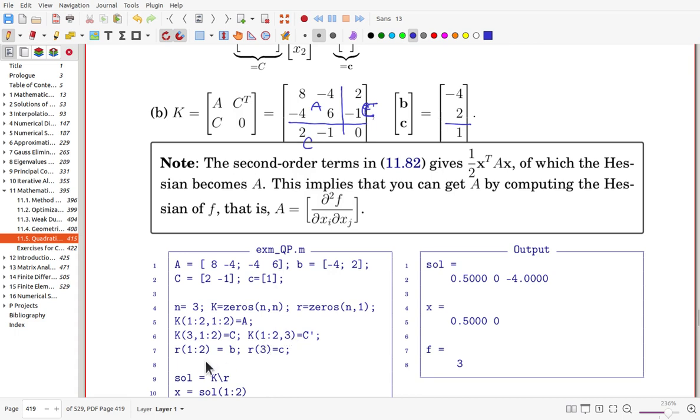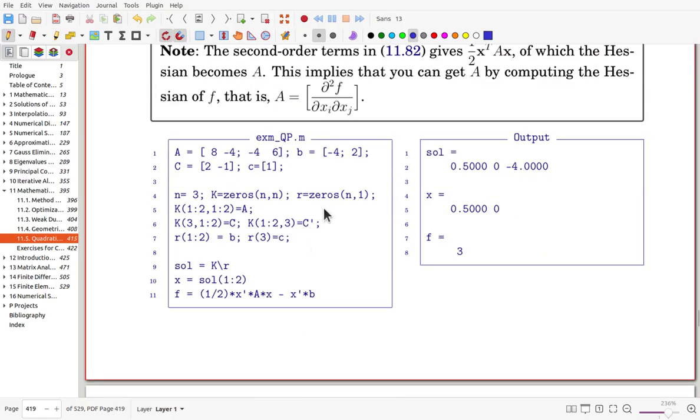For the right side, B is in the upper portion, and little c will occupy the bottom of r. Okay, so we finish here, and the system, that is now K, and let's say the unknown is this whole variable r. We have that.